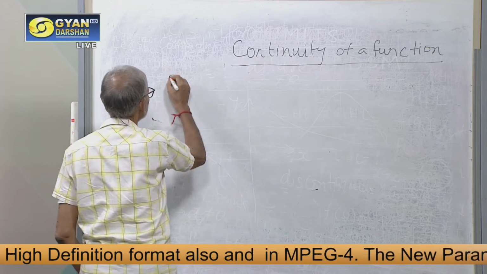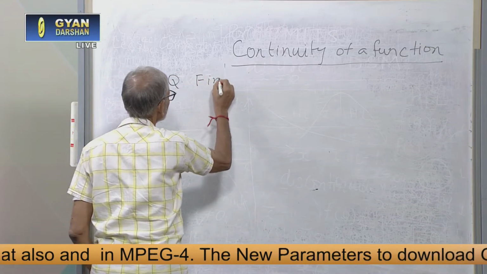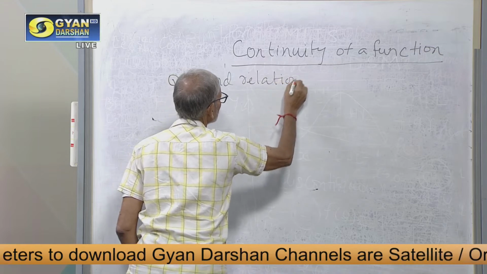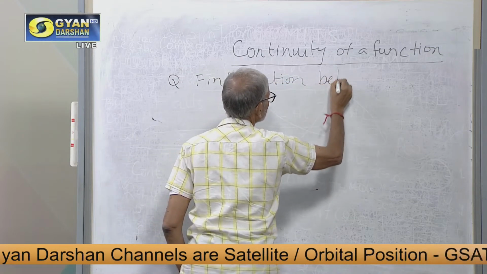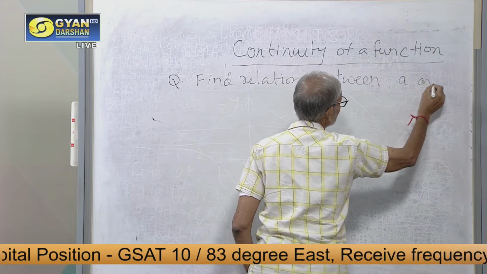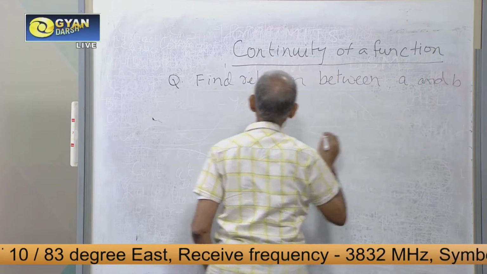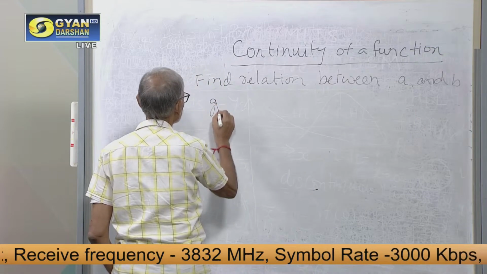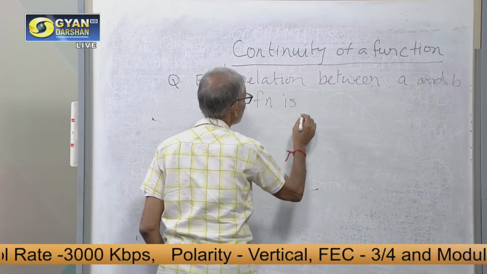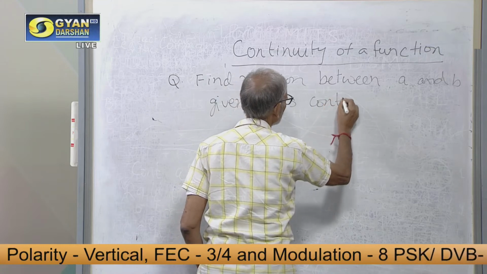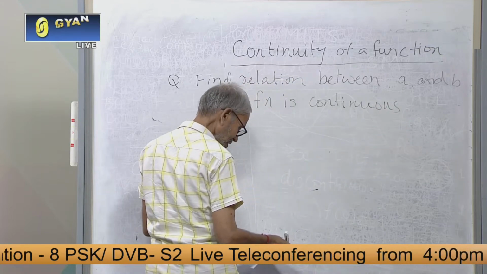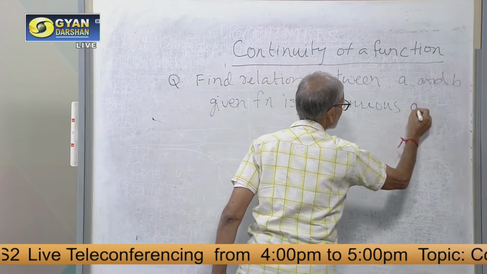Question is, find the relation between a and b, given the function is continuous at x is equal to 0.